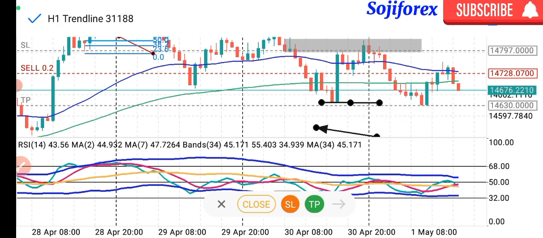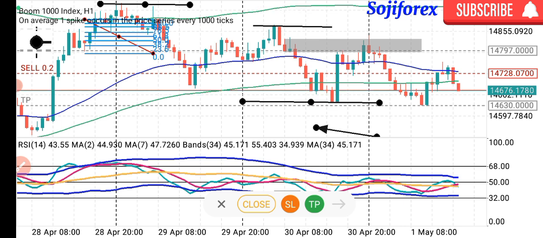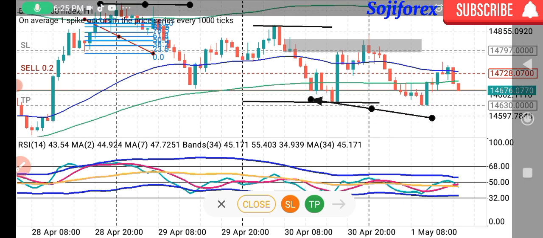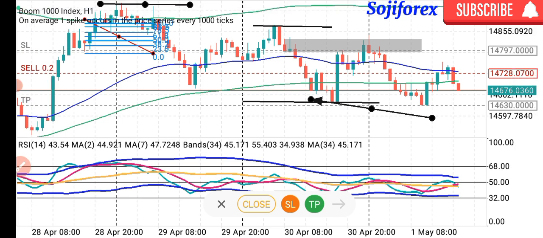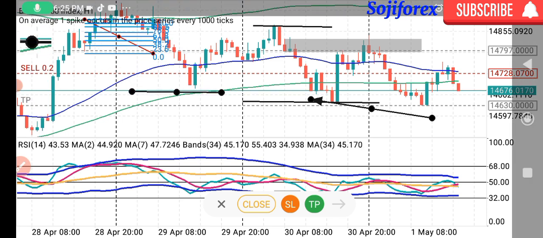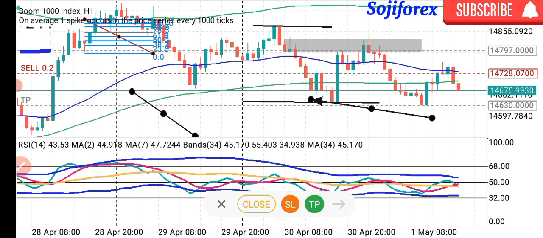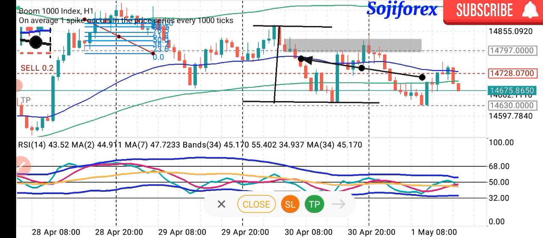So we are now going to put our Fibonacci to this new zone that we have. So we want to connect here and here. Exactly. So this is our new range from here to here.